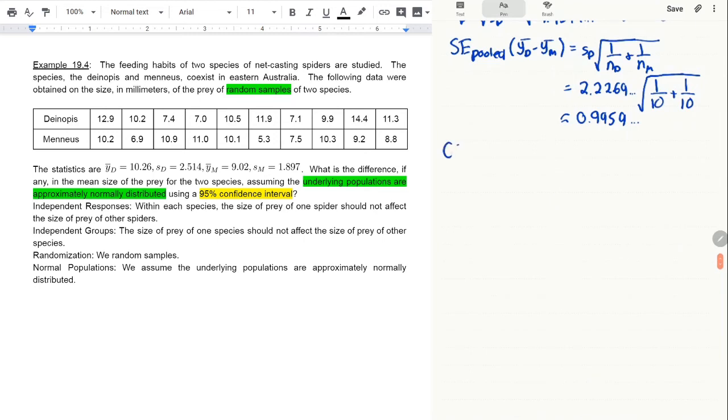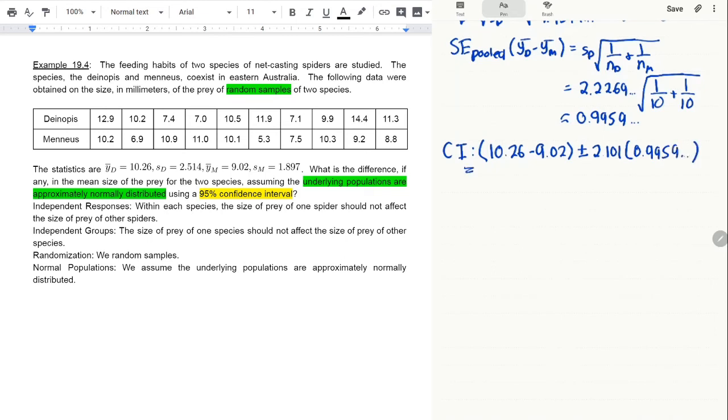All right, so now we're ready to find our confidence interval. So we're going to subtract the means of the species. So we have 10.26 minus 9.02 plus or minus 2.101 times 0.9959.